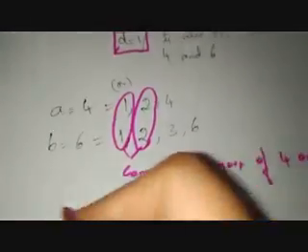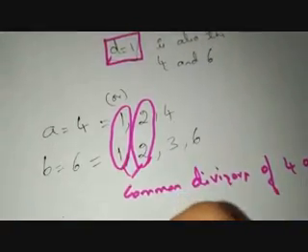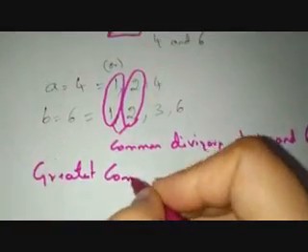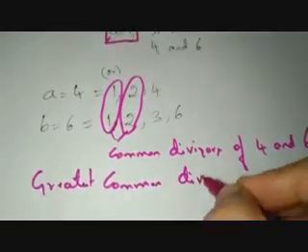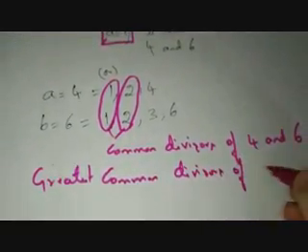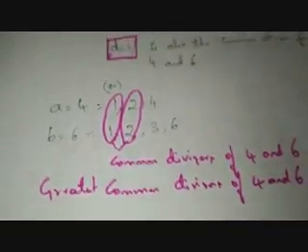Similarly, let us find the greatest common divisor. It is very easy to find the greatest common divisor of 4 and 6.